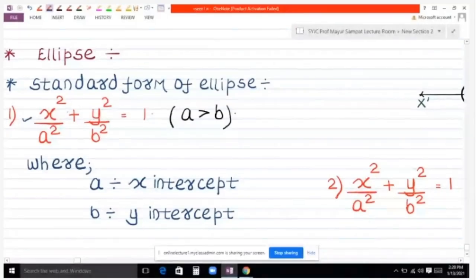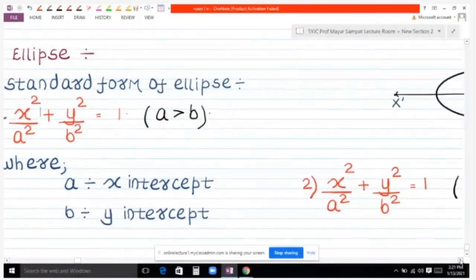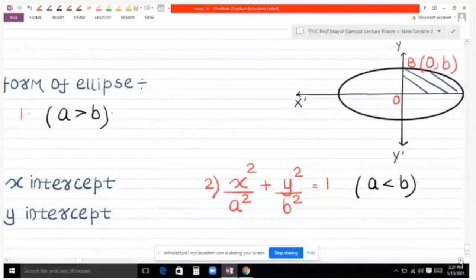A is the x-intercept and b is the y-intercept. Got it? And in the first case, we know that the x-intercept is considered to be greater than b.